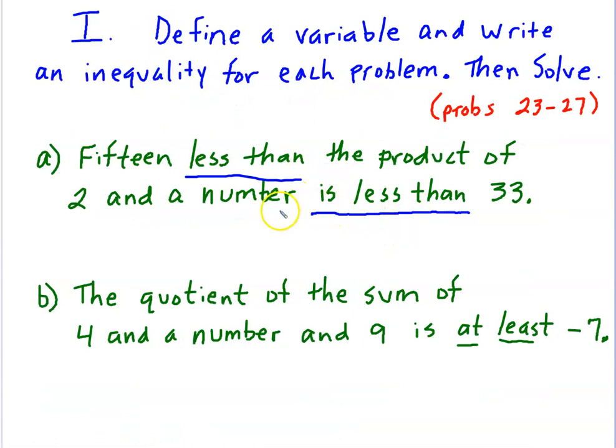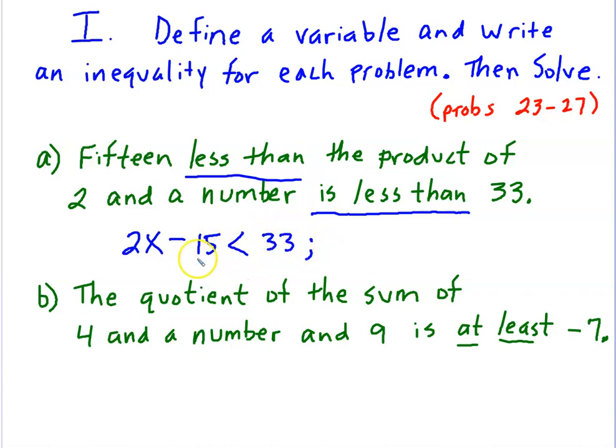That indicates that we're actually going to be using an inequality. So I'm going to say this is my product of 2 and a number. 15 less than that would be subtracting 15, is less than 33. And then that sets up the inequality, and now we need to solve.